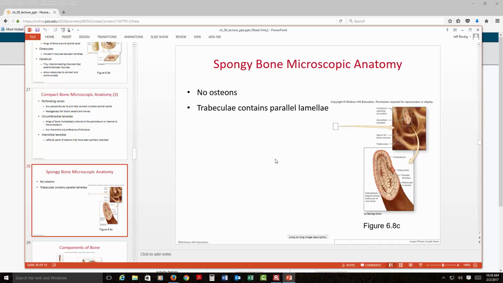And based on its location, it's a structural variation to compact bone. They both still are made up of the same composition: collagen fibers, extracellular matrix, and calcium phosphate within the matrix to make it a solid structure.